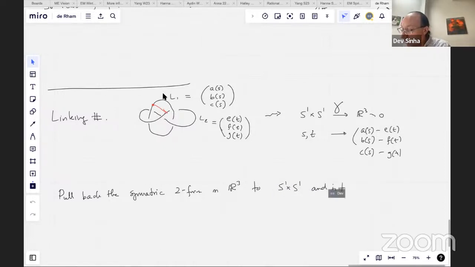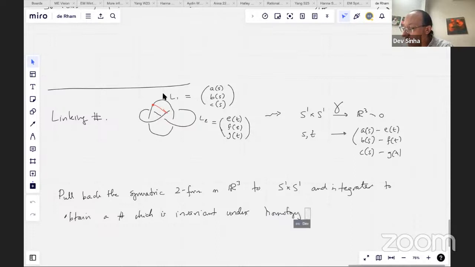This is a homotopy invariant under homotopy of gamma, and that is thus isotopy of my original L1 and L2.